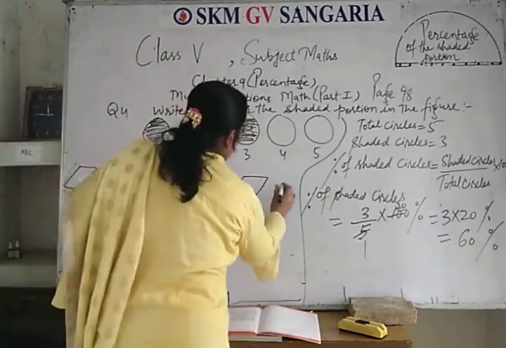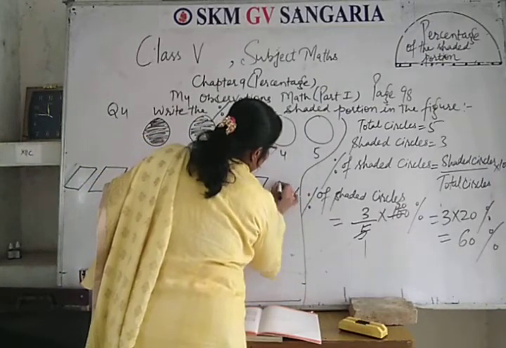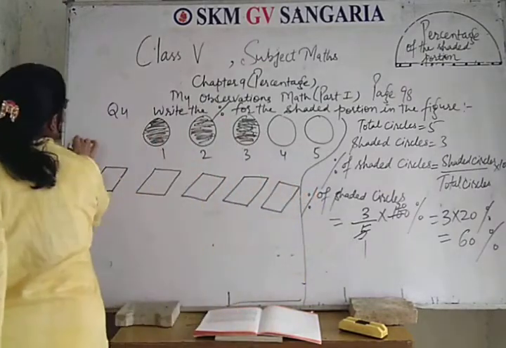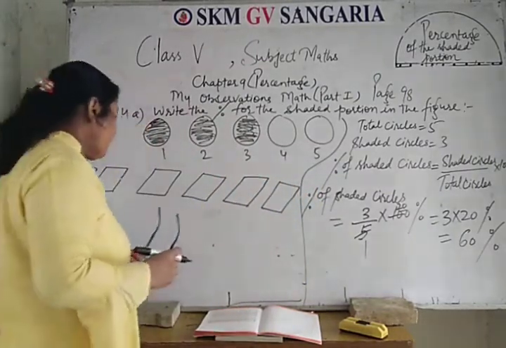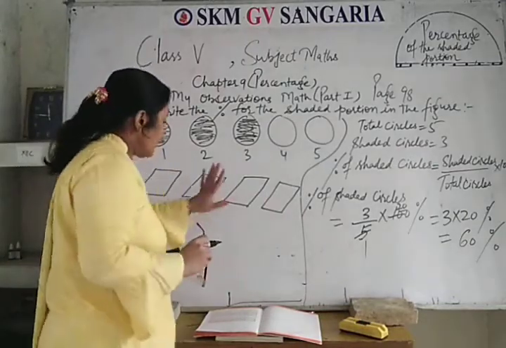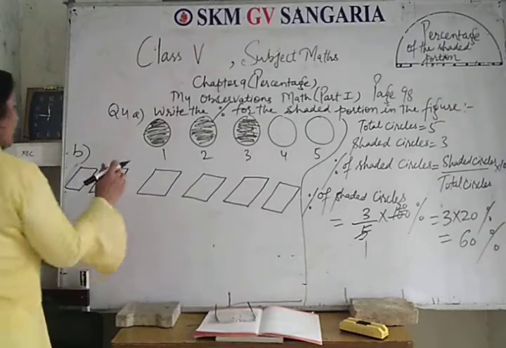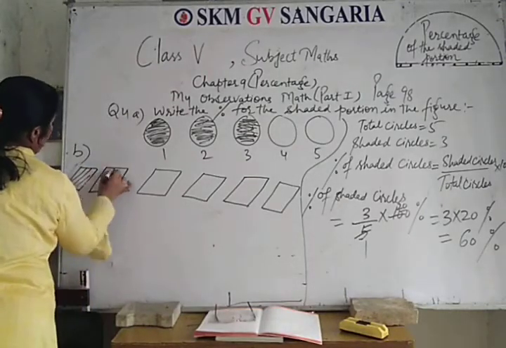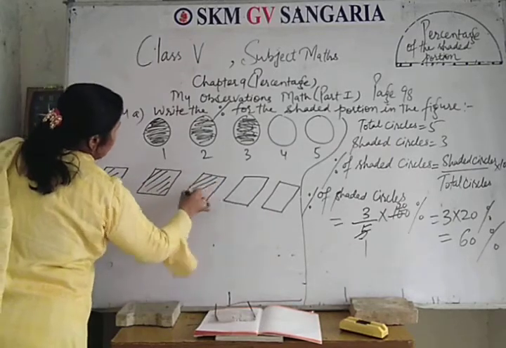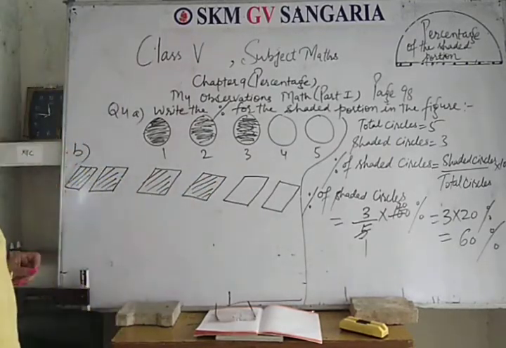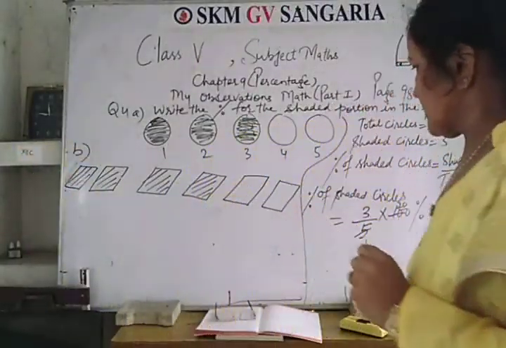This is the B part of question 4; this was the A part. Out of these 6 parallelograms, how many are shaded? Please look at your book also. 4 parallelograms are shaded out of 6.